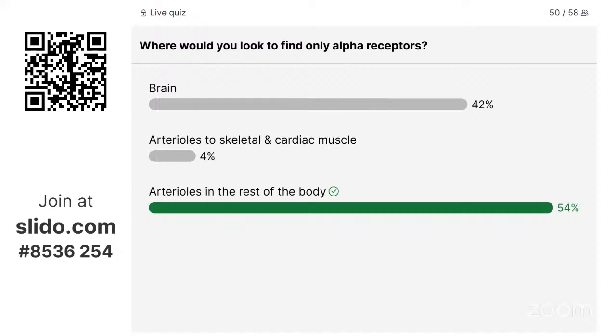We're not diverting extra blood to the brain during our sympathetic response, but we do want to keep our blood flow going to the brain. So it's really out in the rest of the body where we mainly see these alpha receptors. I don't quite want to say concentrated, but we're going to see those alpha receptors spread throughout everywhere else.